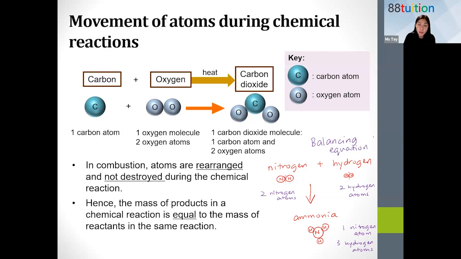Eventually, what you get will be a balanced equation. Now I have to start looking at this again. Two nitrogen atoms going into the reaction, I cannot have just 1 nitrogen being produced. You agree or not? Then you know that whatever comes out must be ammonia. So I can put in 1 more ammonia first.